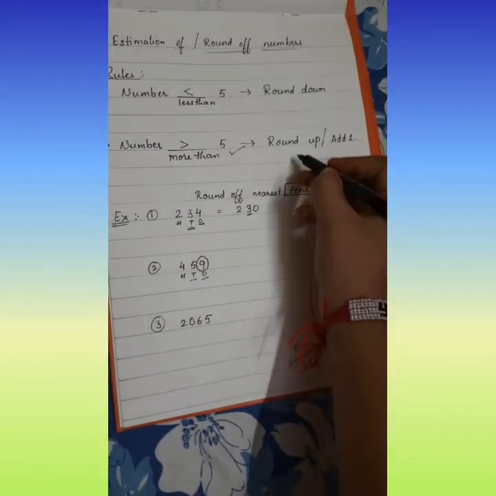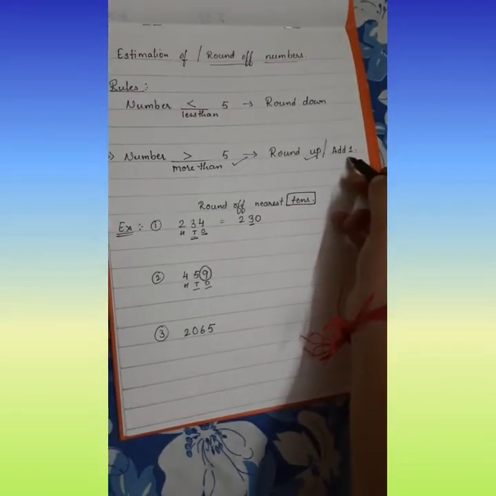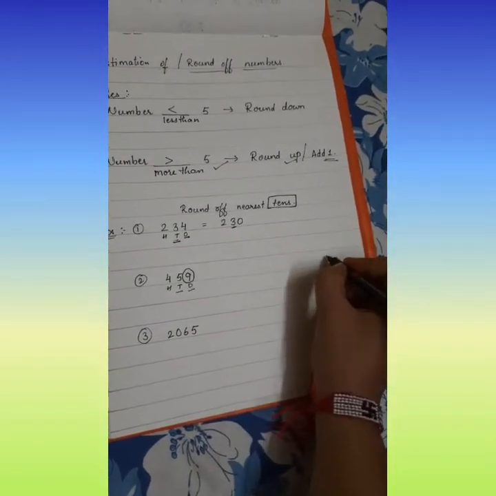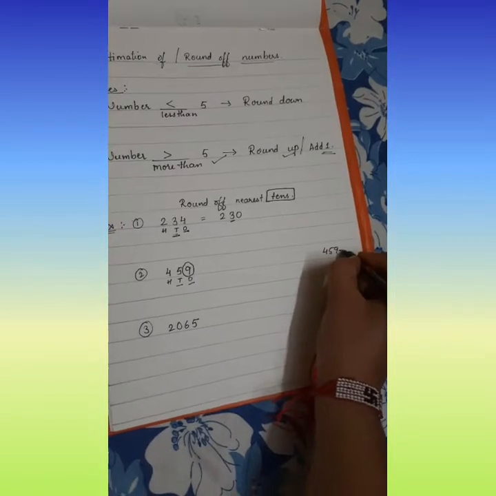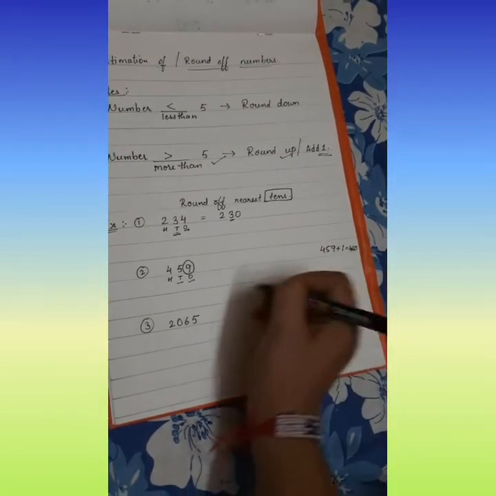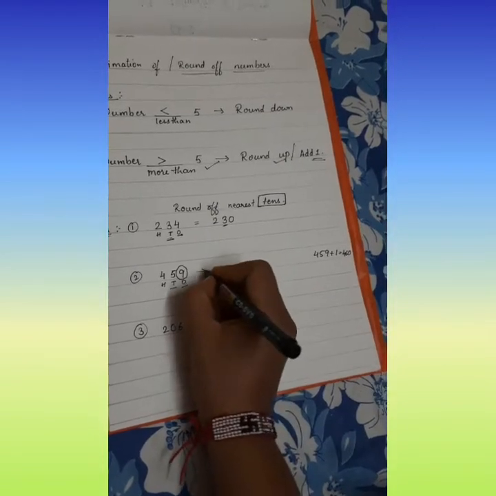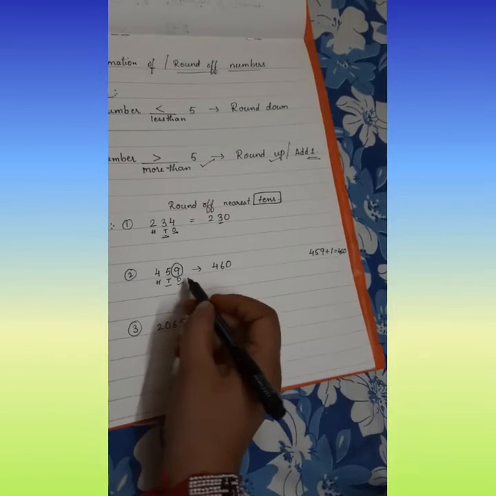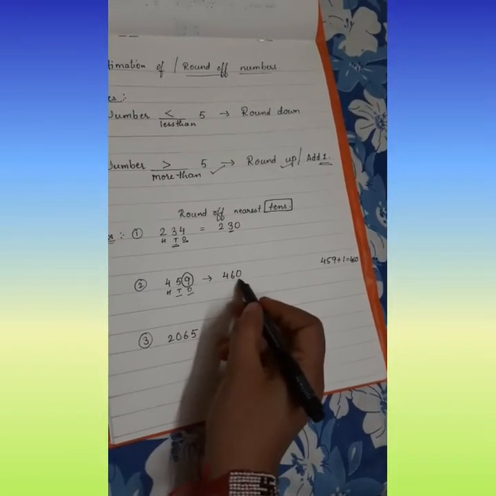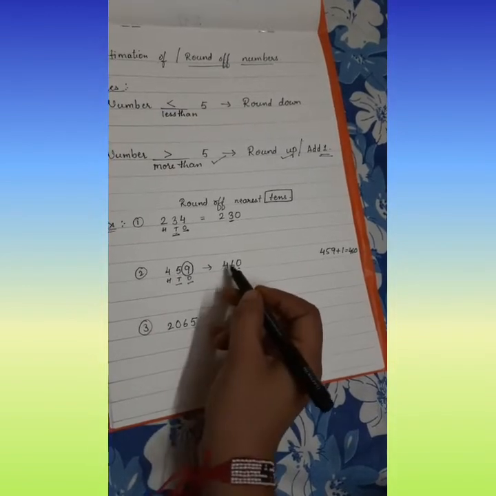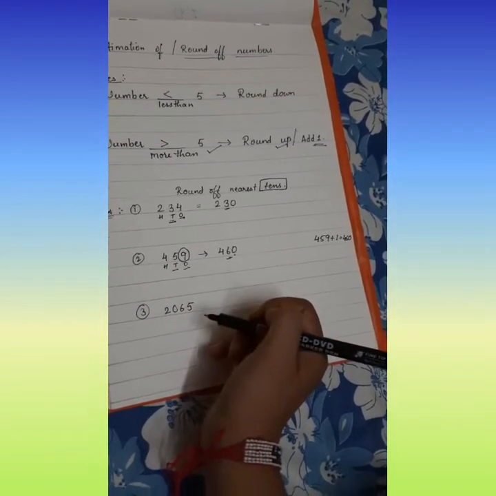That means the number will be rounded up and 1 will be added. So in 459, 1 will be added, and this will become 460, because the ones position will become 0 and 1 will be added to 5. So 5 plus 1 will become 6.